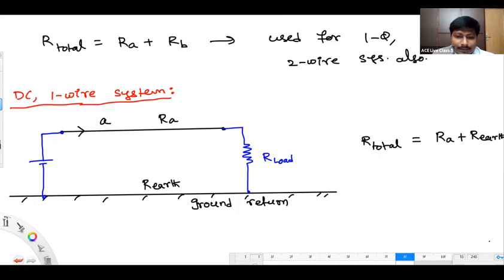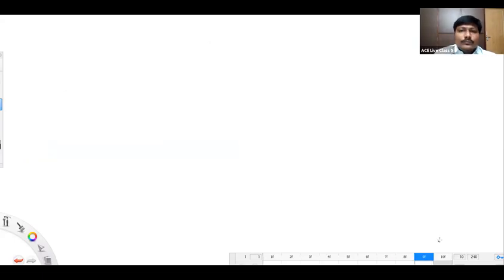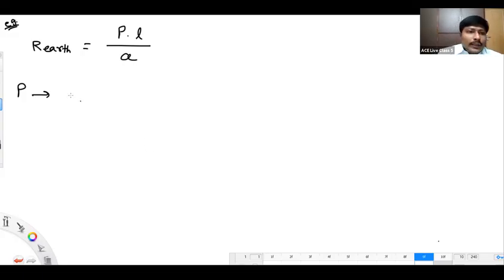Earth resistance we are talking about now. We are saying it is rho L by A. First you tell me, what do you mean by rho here? Resistivity? That's okay. We should call it soil resistivity.